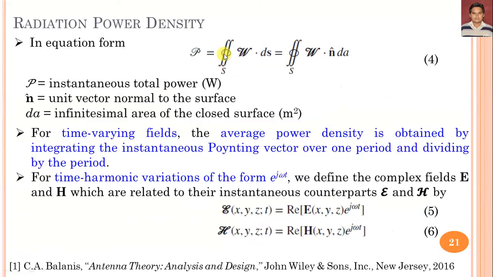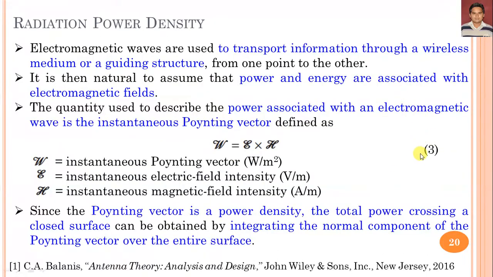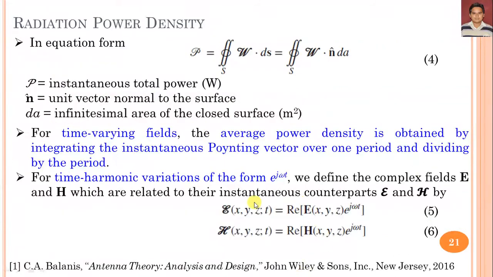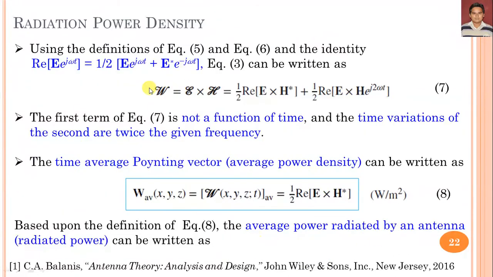equation 3 can be written as W equals E cross H, which has two functions: the first is independent of time and the second is time varying at twice the radian frequency, as you can see.